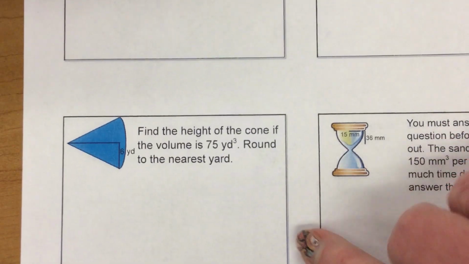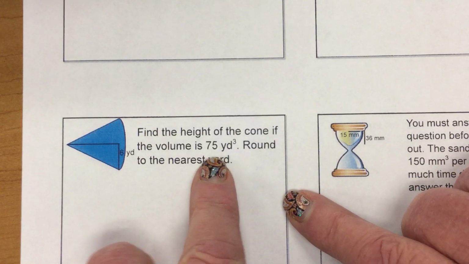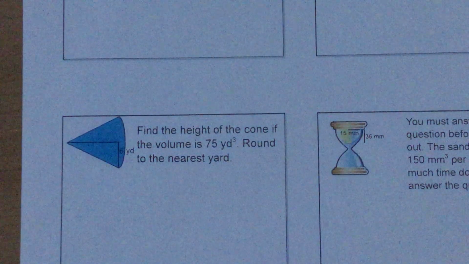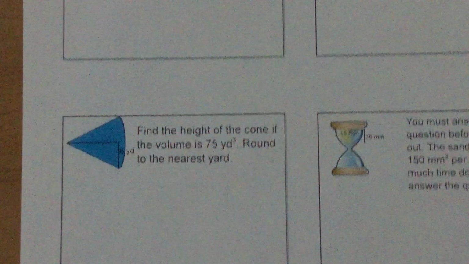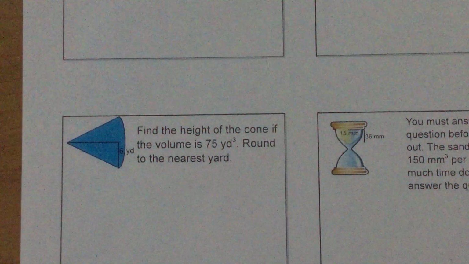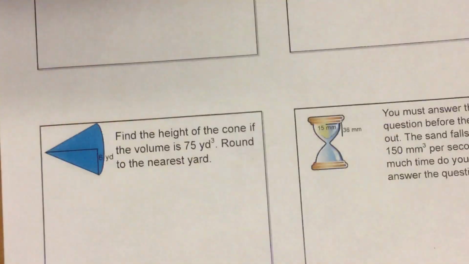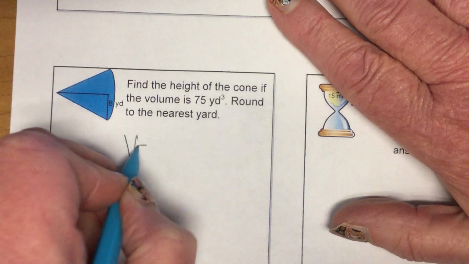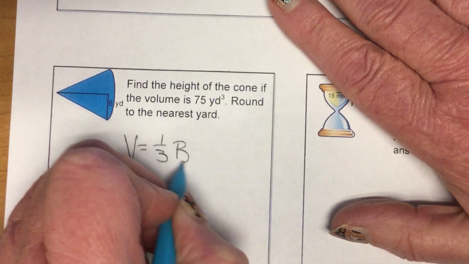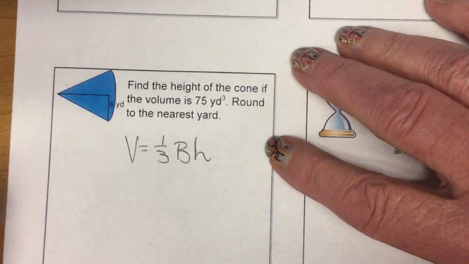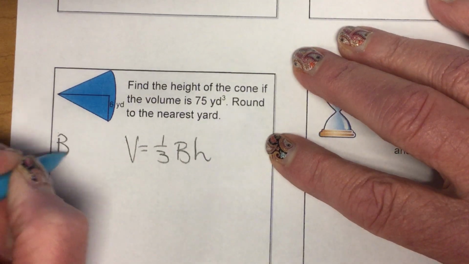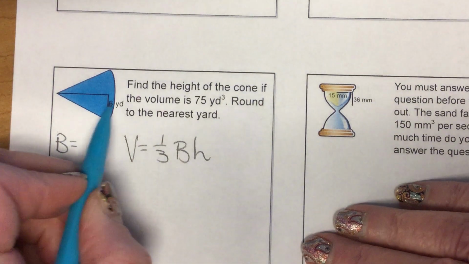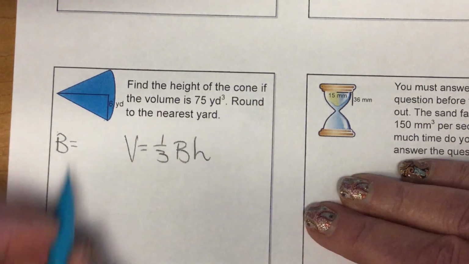Find the height of a cone if the volume is 75 cubic yards. Round it to the nearest yard. So, volume equals 1/3 capital BH. Now, the area of the base, we know that that is 6 yards for that radius.